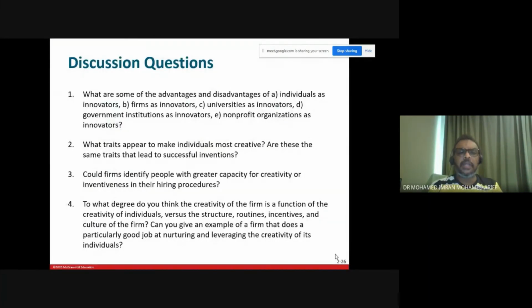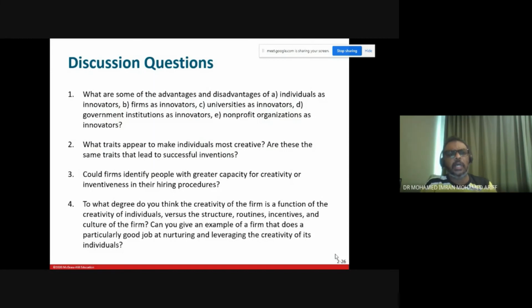What are some advantages and disadvantages of individuals as innovators, firms as innovators, universities as innovators, government institutions as innovators, and non-profit innovators? So obviously, by looking at this, what are the disadvantages? Very simple. If you take the first point, let's take Shafiq as the innovator.